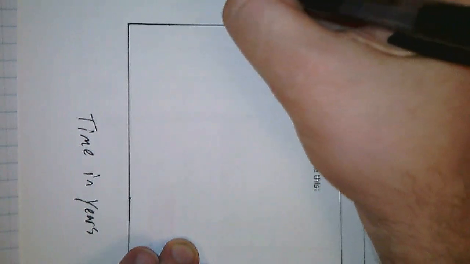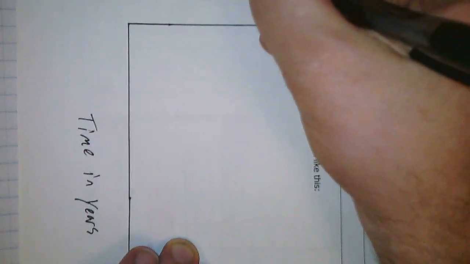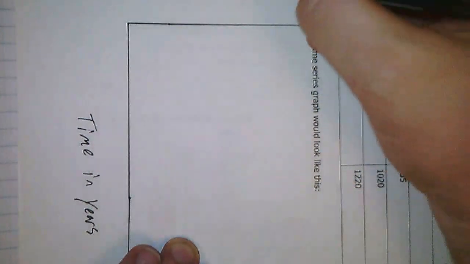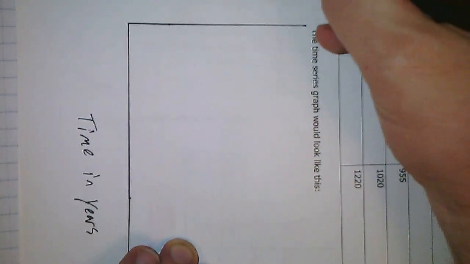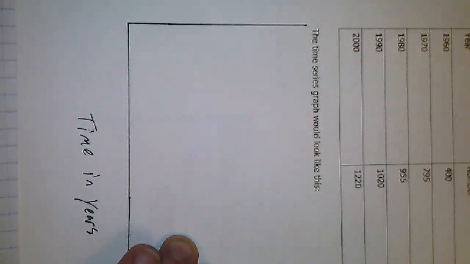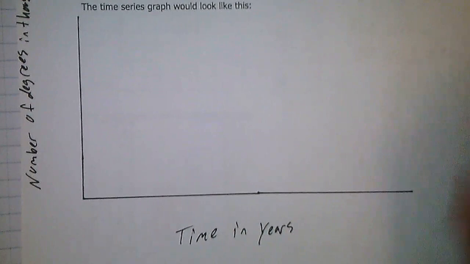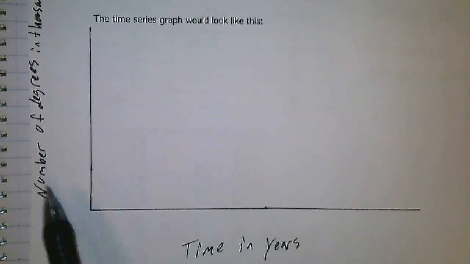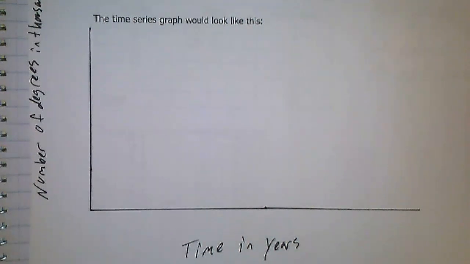This is the number of degrees, and it's in thousands. So that says number of degrees in thousands.